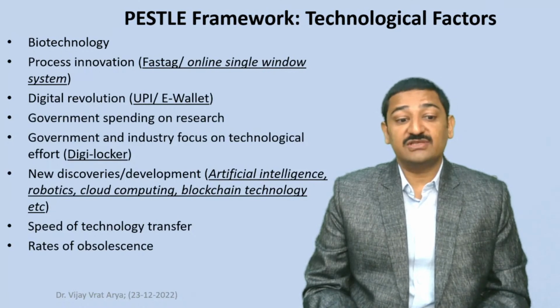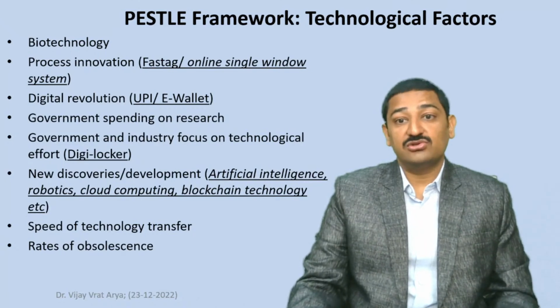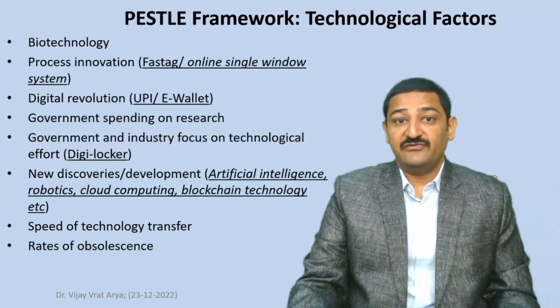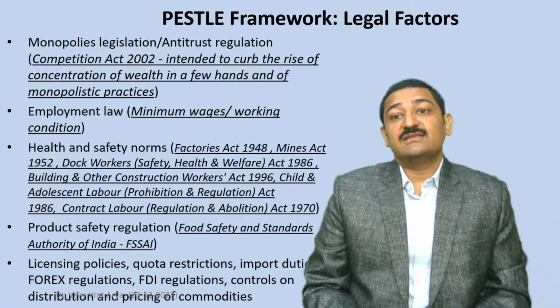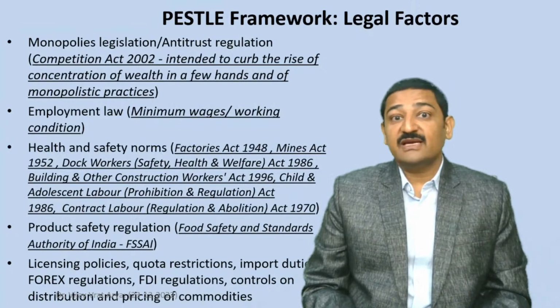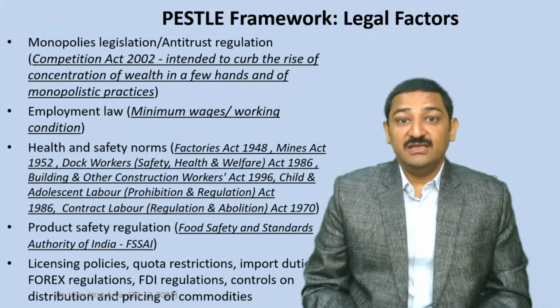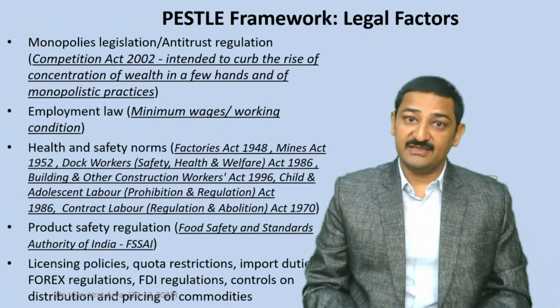Then speed of technology transfer and rate of obsolescence are also considered among the technological factors within the PESTEL Framework. If we refer to another factor, that is legal factor, this is facilitative as well as restrictive in nature. So one needs to understand the PESTEL framework from the perspective of the legal factors.